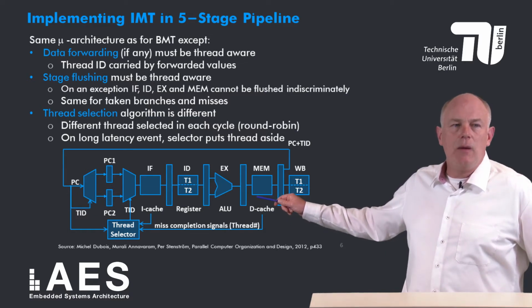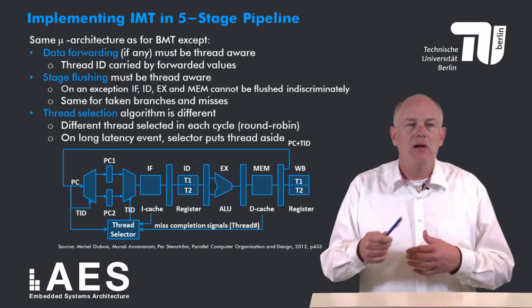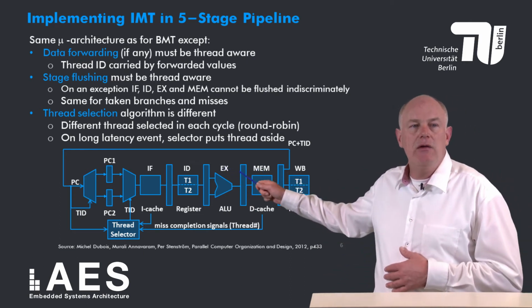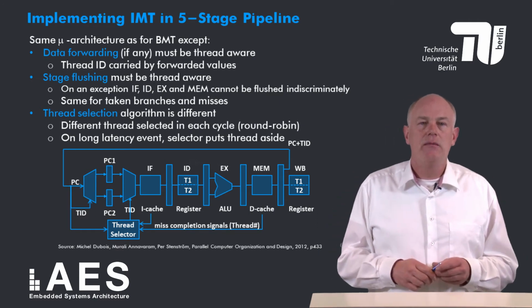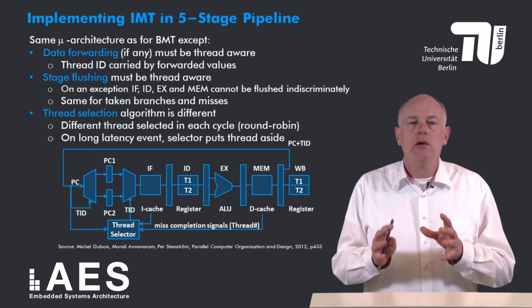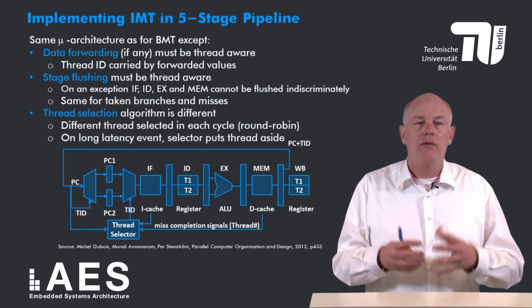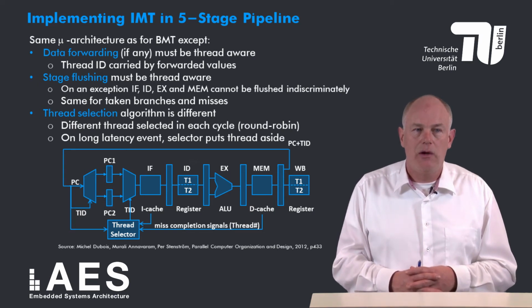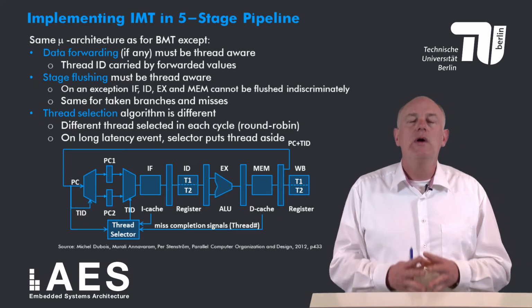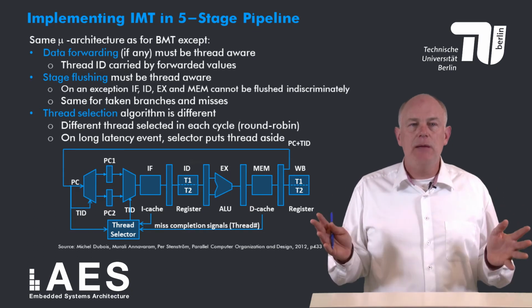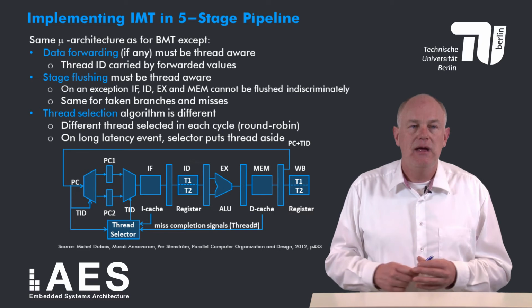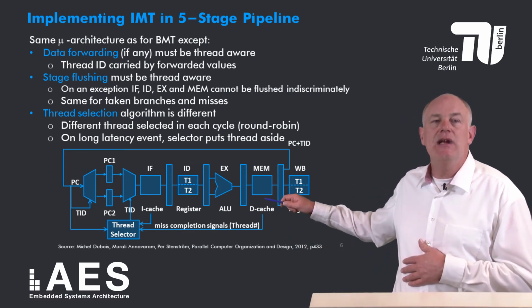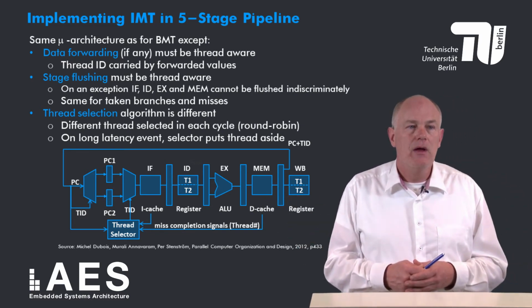Furthermore, the thread selection algorithm implemented here in this hardware block called the thread selector is different. We don't schedule another thread when the current thread is stalled waiting for a long latency event. No, each cycle, hence the name cycle-by-cycle interleaving, we fetch from a different thread, and this is implemented in a round robin way.